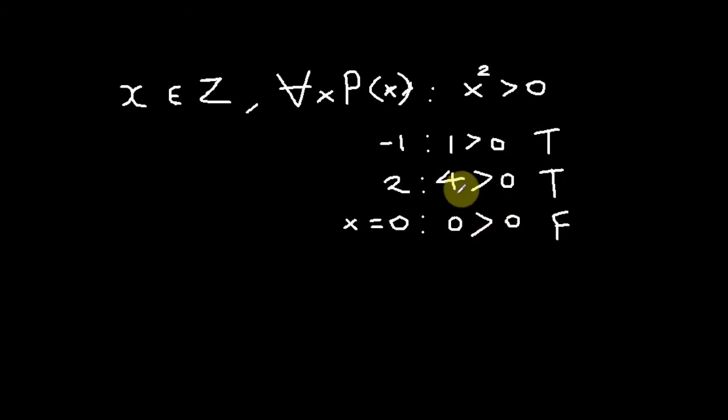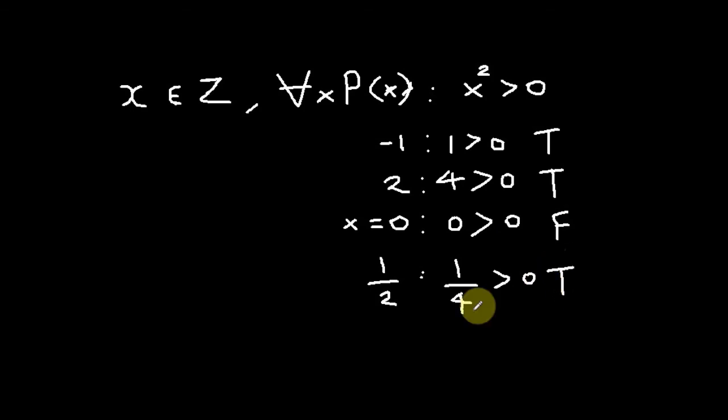For all numbers, maybe for fractions, let's see fractions. If I do fractions, 1 by 2, if you square 1 by 2, I'll get 1 by 4, which is greater than 0.